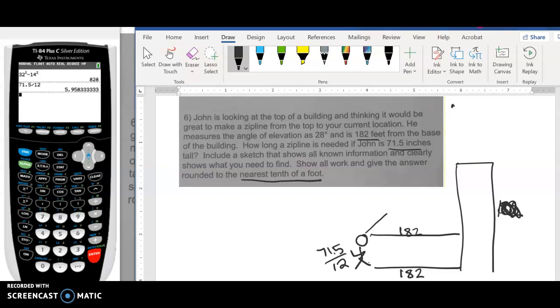We know that this is theta, which is 28 degrees, because it's the angle of elevation. And I just want to know what is the hypotenuse.